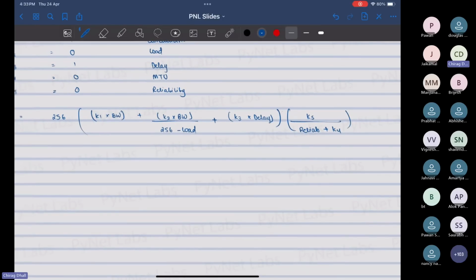This is the complete formula which we use for calculating metric in EIGRP. Now, the last part of this formula is considered as 1.